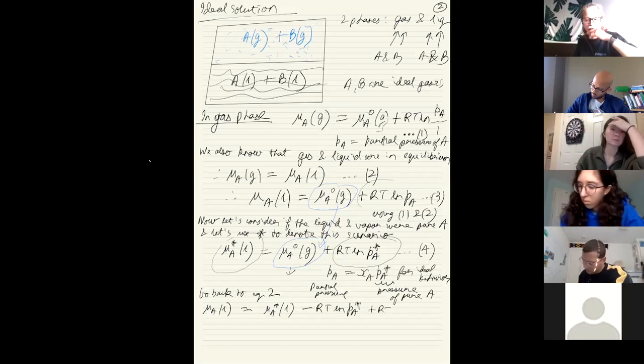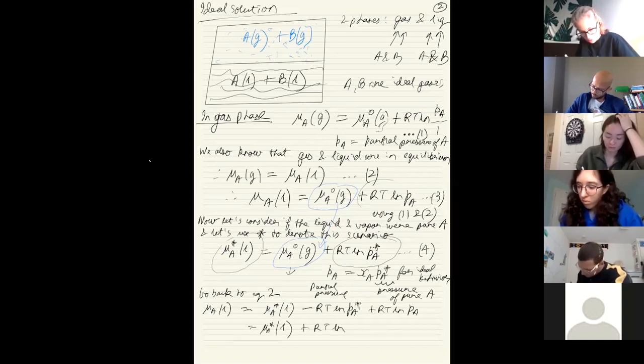So it will be RT ln PA is equal to mu A star L plus RT ln PA by PA star. For ideal behavior, we know that is equal to XA.